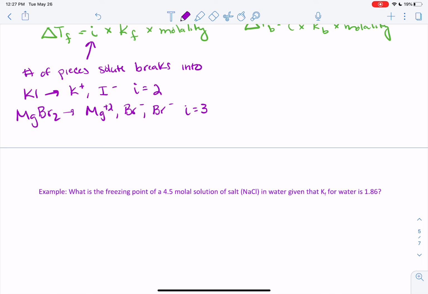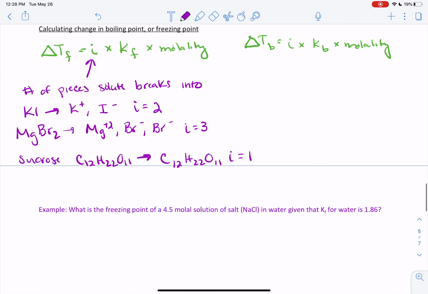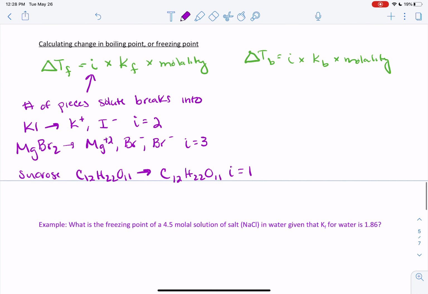If you have sucrose, sugar, C12H22O11, remember it is covalent, so it doesn't split into ions. It just stays the way it is, C12H22O11. So i would be equal to 1 in this case. So that i, in both of these equations, measures how many pieces the solute breaks into.